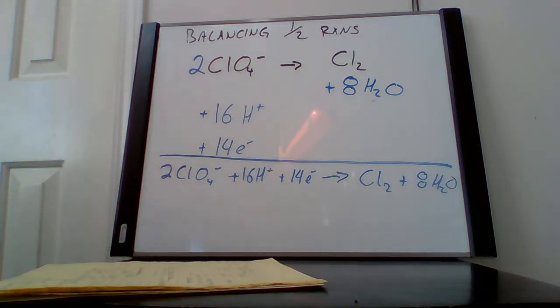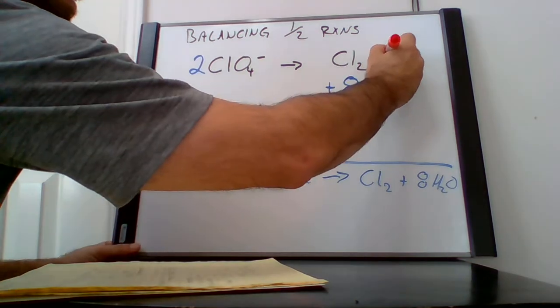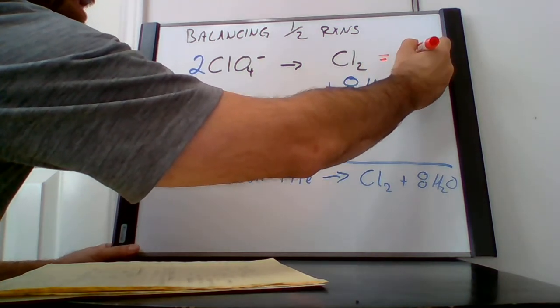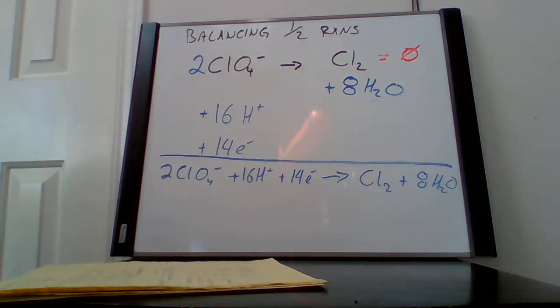Okay. Now we're going to do a double check on this by looking at our charges, our oxidation states. Well, over on this side, we've got chlorine in its elemental form. So in this side, it has an oxidation number of 0.